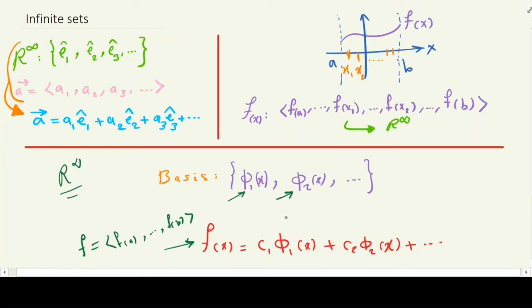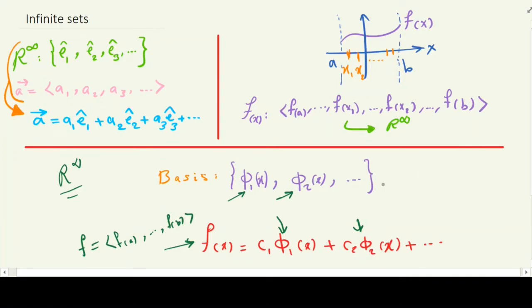And when I say these vectors are in infinite dimensional space, they are representations of corresponding functions like phi 1, phi 2, phi 3, and so on. So then, getting back to the context of functions, any function like f can be written as a linear combination of all these functions that we have in our basis, phi 1, phi 2, phi 3, etc.